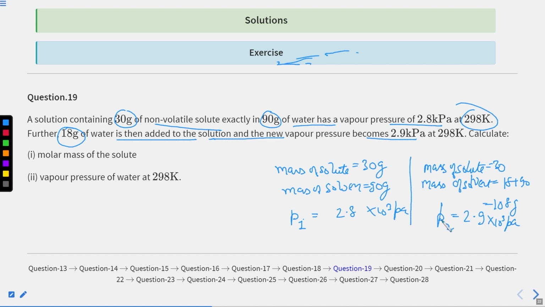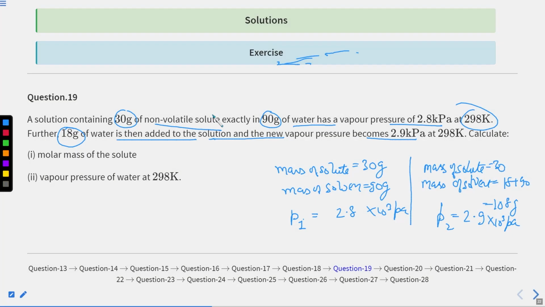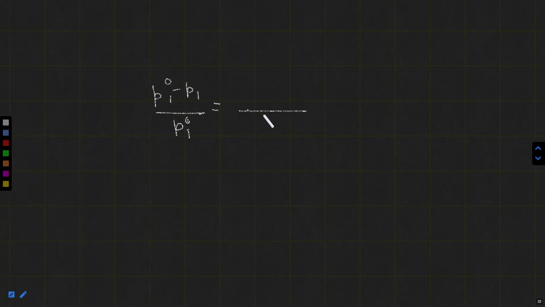If we calculate the relative lowering of vapor pressure for both cases, it will be P01 minus P1 by P01 is equal to, so the molar mass of the solute we have to calculate. The molar mass of the solvent will be 18, we have 90 here. We do not know the molar mass of the solute.